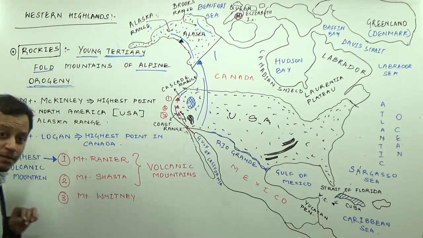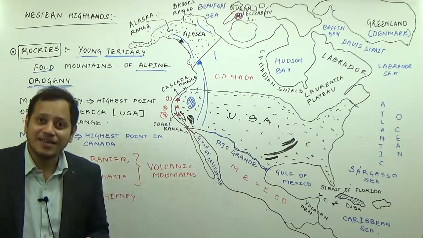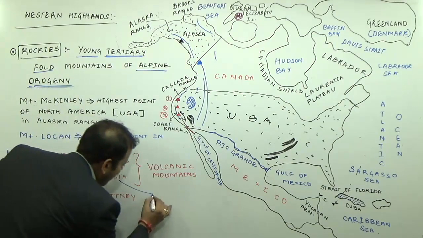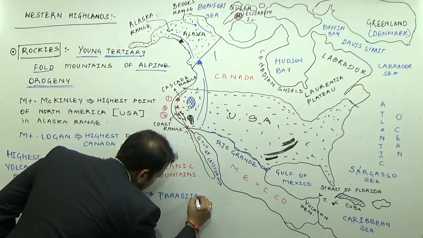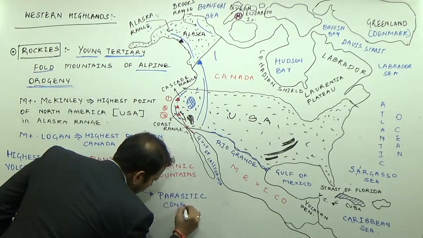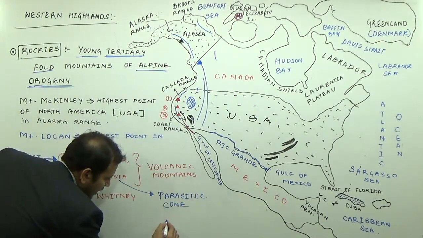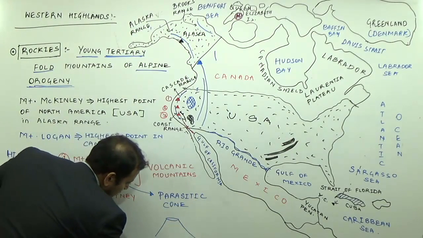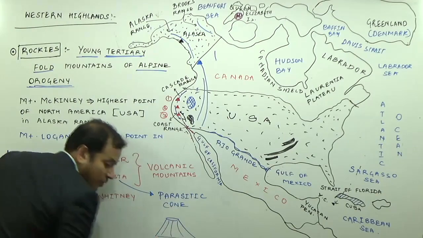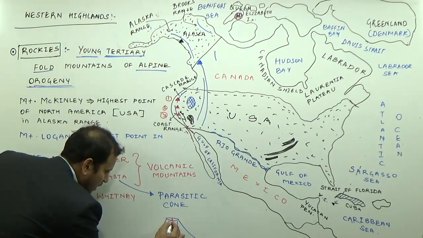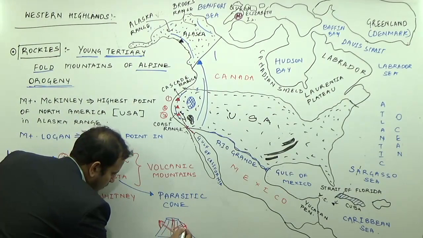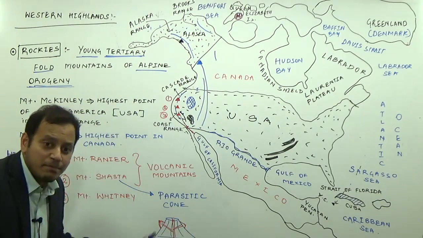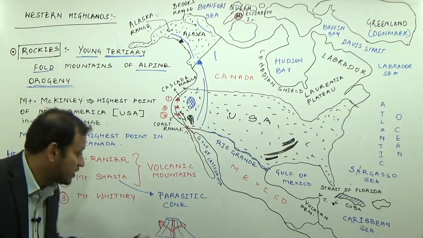Mount Shasta has a parasitic cone. What is a parasitic cone? When on one volcanic cone there are numerous other cones, these are known as parasitic cones. So on one major volcanic cone, there are parasitic cones.